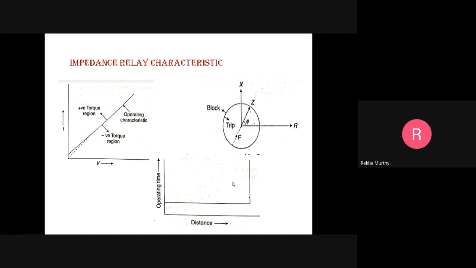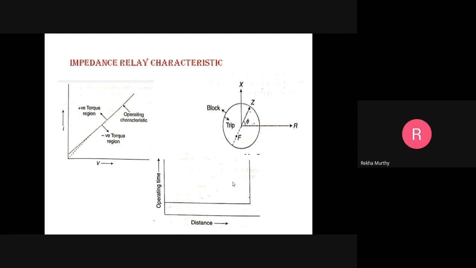Now coming to the directional units. Why do we have to make use of directional units? It is very important to note, from the impedance relay characteristic on the RX diagram, that an impedance relay is a non-directional relay.